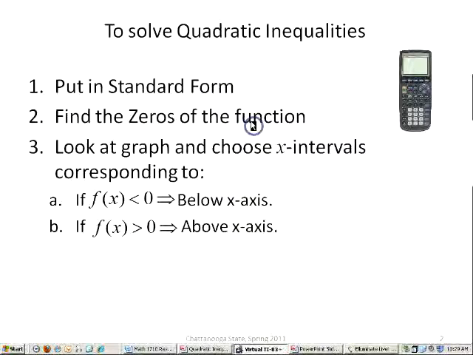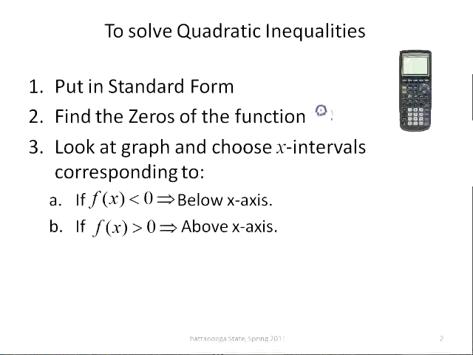Then we want to find the zeros of the function. Remember, the zeros of the function are where the function equals 0, or where the function has x-intercepts. Then we want to look at the graph, and we choose the x-intervals that give us the portion of the graph that we want.